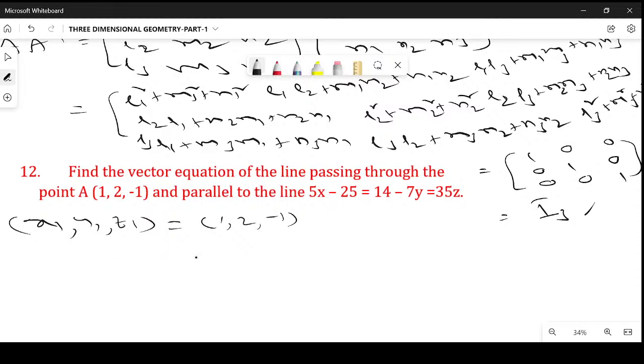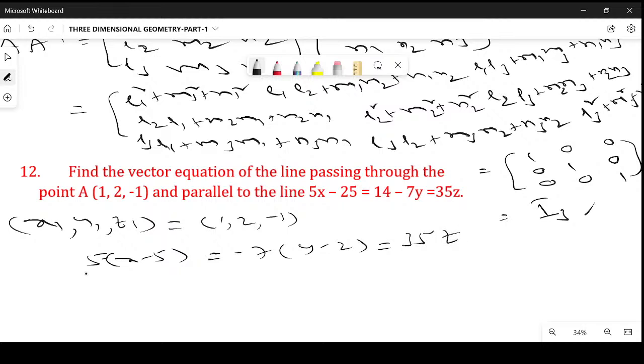So the given line is 5x minus 25, 5 into x minus 5 equal to, I can take minus 7 common, minus 7 into y minus 2, which is equal to 35z.